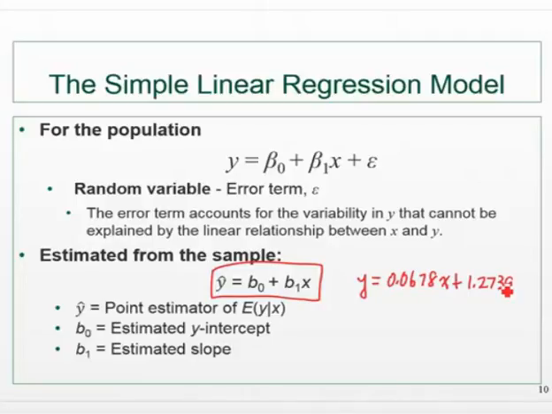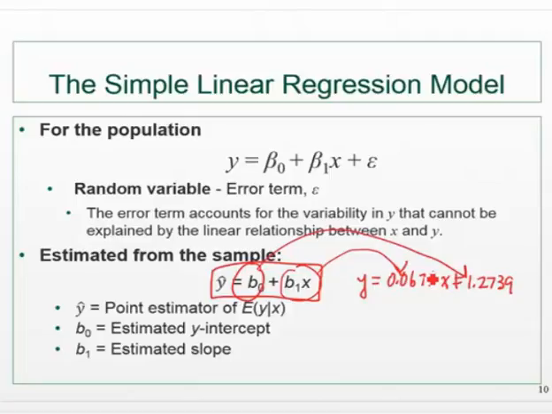Estimated regression. Okay. Now the order is a little bit different here. So Excel gives you this term first. This term is this part, and then this term is this other part. Now I mean both are equivalent. So what does this do? This gives us an estimate of the relationship between the x and y variables.